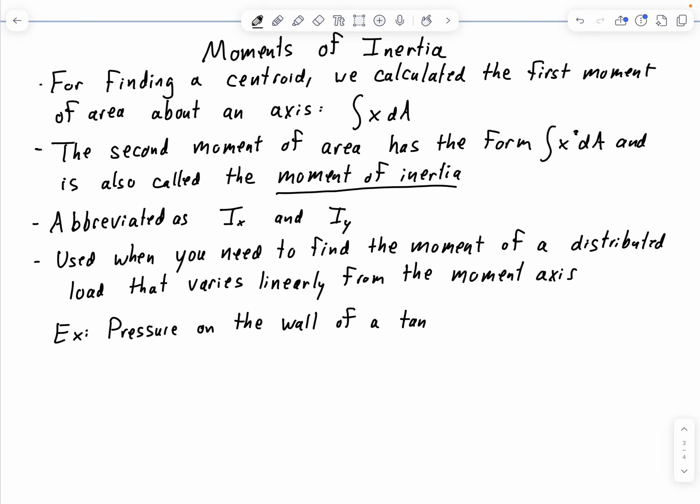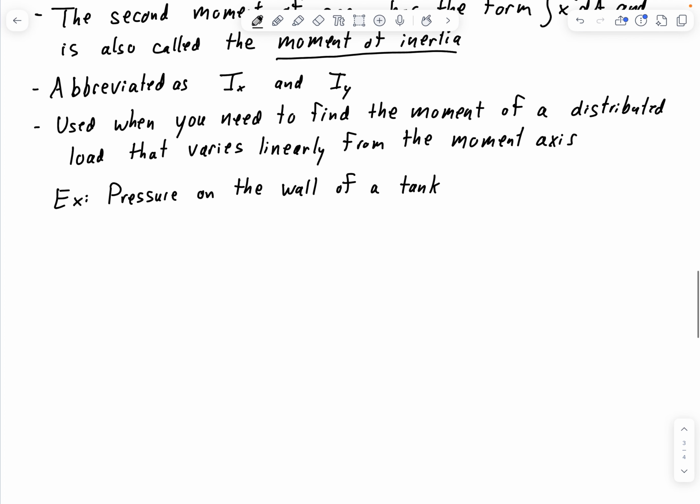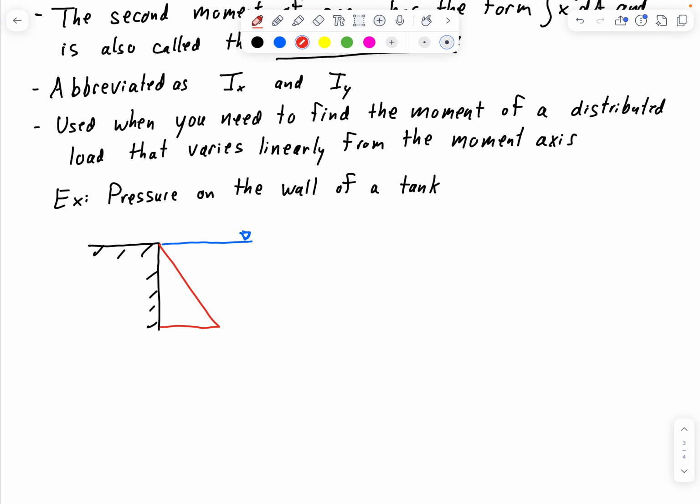So we may have a tank full of water or an aquarium full of water, and it would look something like this, right? So we would have some wall. This could be the concrete wall of a pool. This could be some sort of a gate where we have water next to it, and pressure is going to vary linearly with depth.